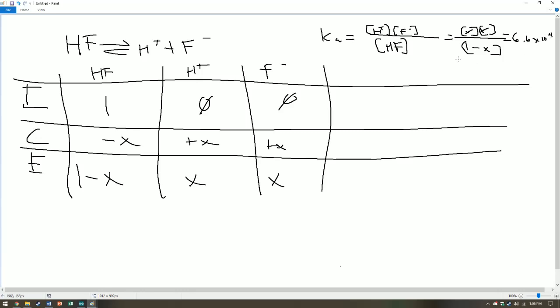When we plug that in, let me use my calculator to solve that. X squared over 1 minus x, and 6.6 e negative 4.